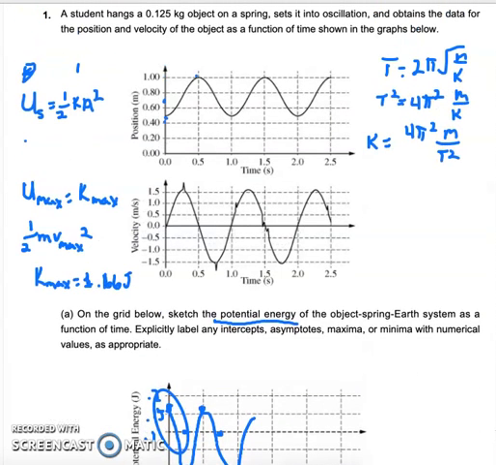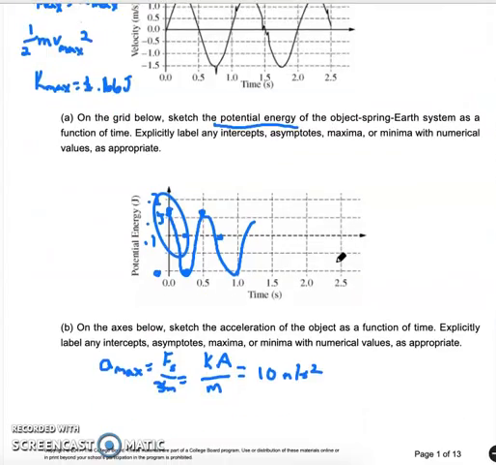So let's go back up to the velocity time graph. So we see at the very beginning, at time zero, there is a steep slope. So it's accelerating here. It has a positive acceleration. Then at the 0.25 mark, the slope is 0. So we have 0 acceleration, then we go to negative. So we start with positive, go to 0, go to negative at the 0.5.